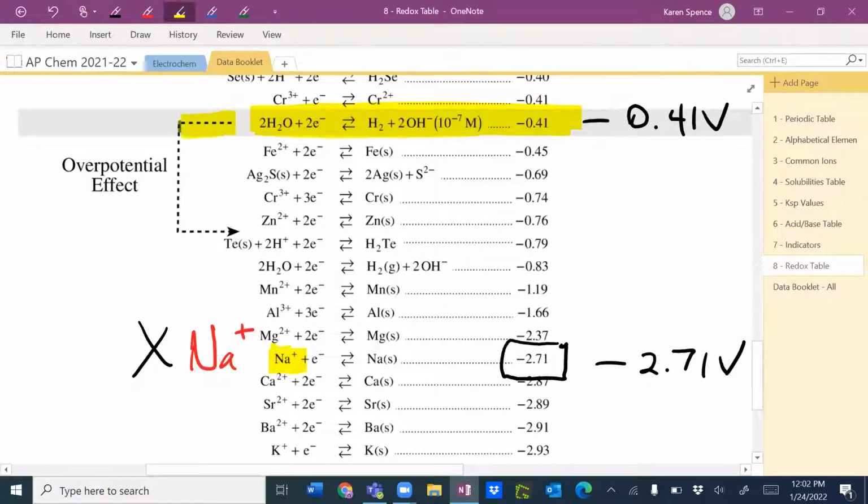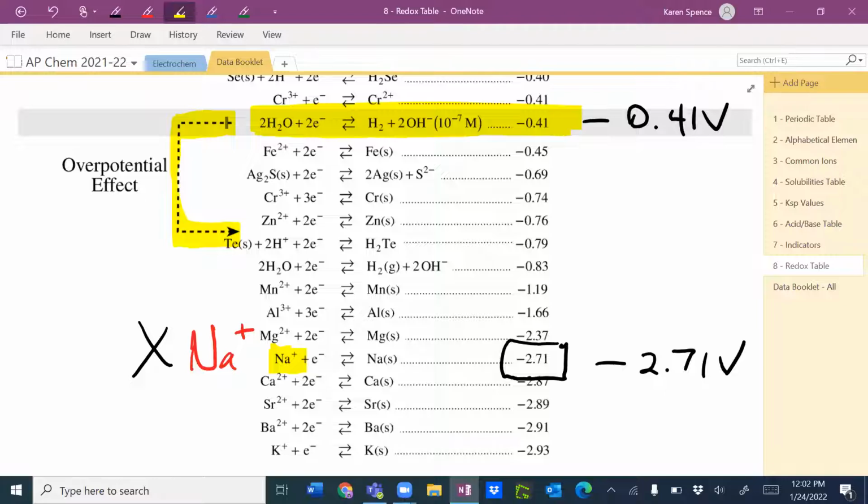So the overpotential effect is this little bracket here. As far as I'm concerned, the overpotential effect is like magic. I do not understand it. I've looked it up. It's never really stuck with me, so I am going to assume that at this point in time, it will not stick with many of you either, like an actual explanation.